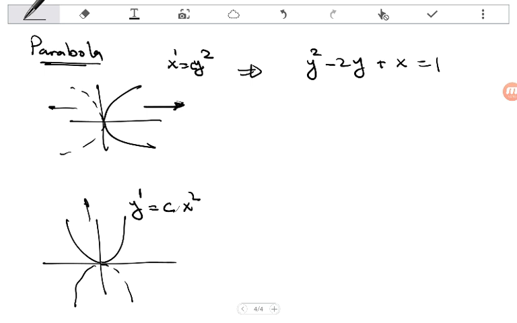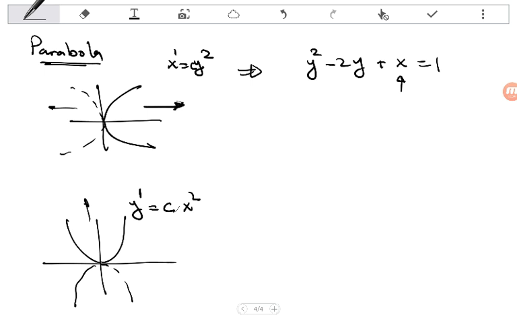How would I graph this parabola? This is a parabola. One of the variables is first degree and the other is second degree. So I know here that it is a parabola. In analytical geometry, if one of the variables is first degree and the other is second degree, this is known as a parabola.